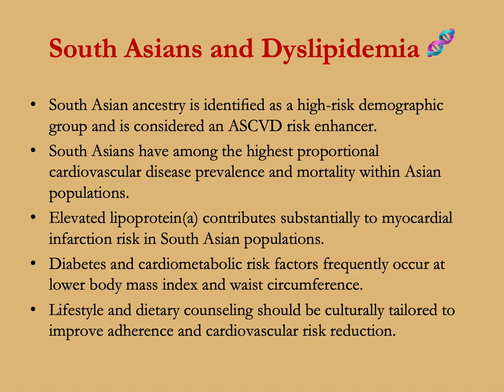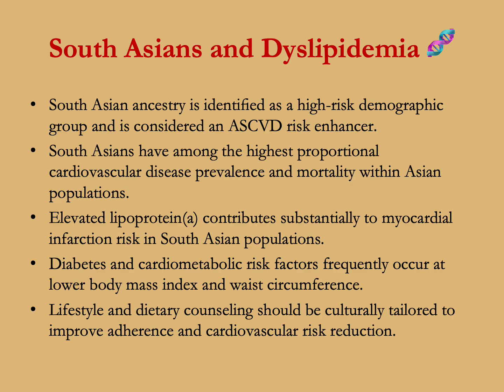What about Indians from the Indian subcontinent and dyslipidemia? As we all know, South Asian ancestry is identified as a high-risk demographic group and is considered an atherosclerotic cardiovascular disease risk enhancer. People from the Indian subcontinent have the highest proportional cardiovascular disease prevalence and mortality within Asian populations.